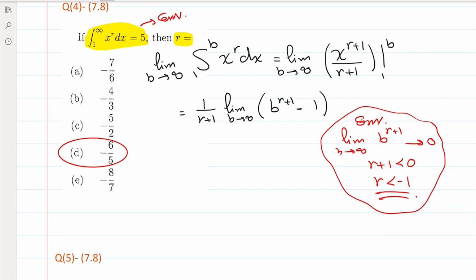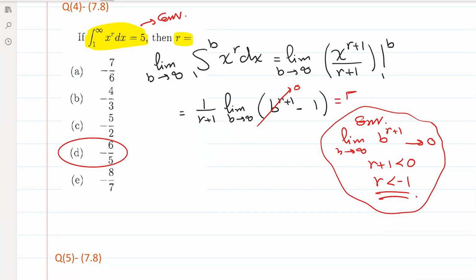Because this limit should go to 0, when the exponent is negative, it will be in the denominator. So this term goes to 0. You might ask how I know it goes to 0: because if it does not, it goes to infinity, which diverges. So this term should go to 0 to converge.